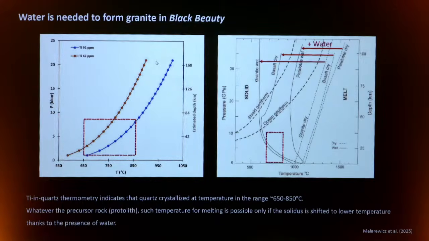So if we put the estimated temperature for the quartz crystallization in this pressure-temperature diagram, you can see that whatever the protolith of the clast is, the temperature for melting is possible only if the solidus is shifted to lower temperature due to the presence of water. And we need to have a magma saturated in water to melt the rock here.